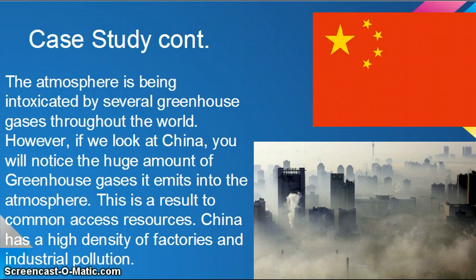In the past 20 years, the rapid increase in industrial density and pollution has highly worsened the Chinese atmosphere to the point where there is almost always high amounts of smog and low visibility due to the pollution, especially in major population centers or major industrial centers. China is a great contemporary example for a tragedy of the commons in the situation of the atmosphere.